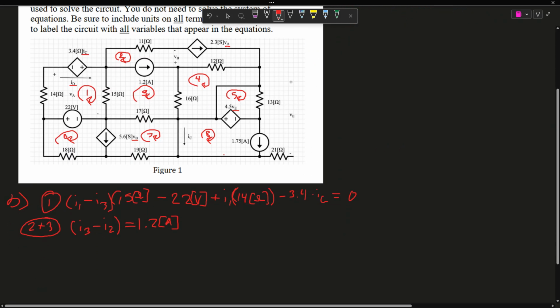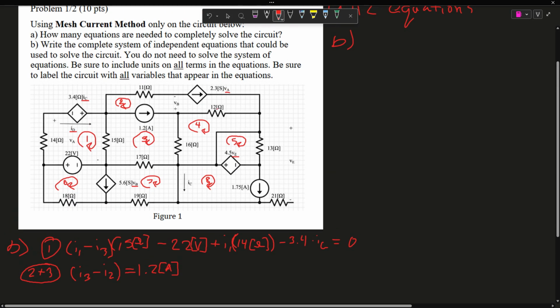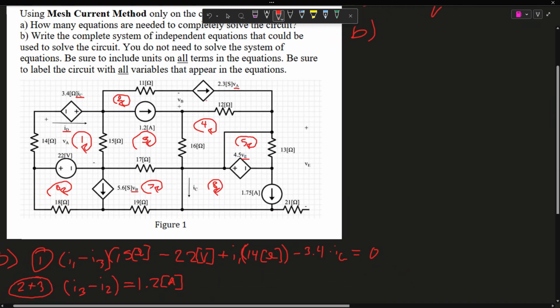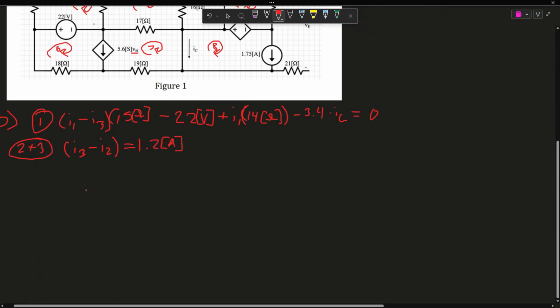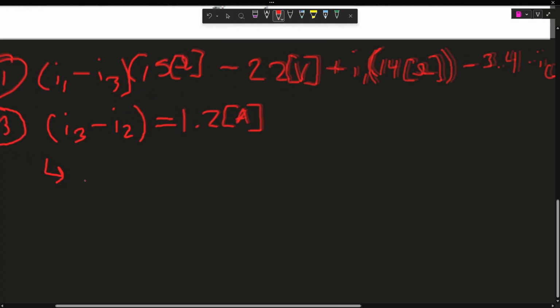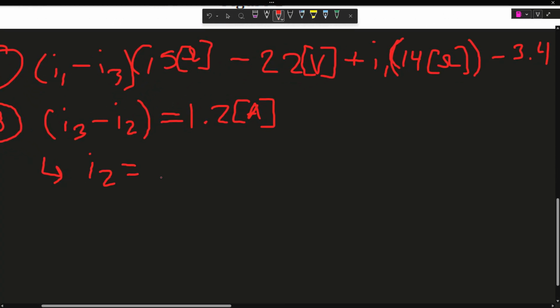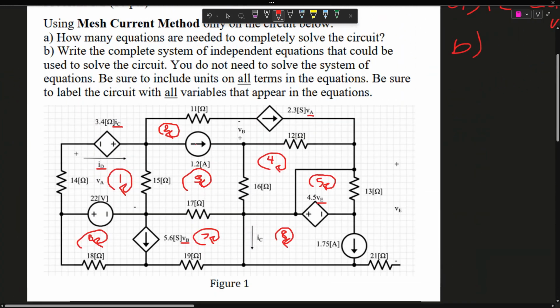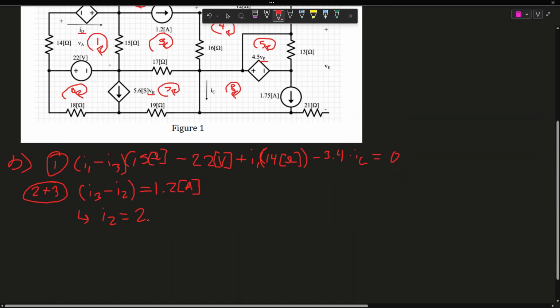Now we have to write our second equation, or our constraint for that. And that is that I2, if we look up here, is equal to 2.3 VA. So let's write a constraint, and that is I2 is equal to 2.3 VA.